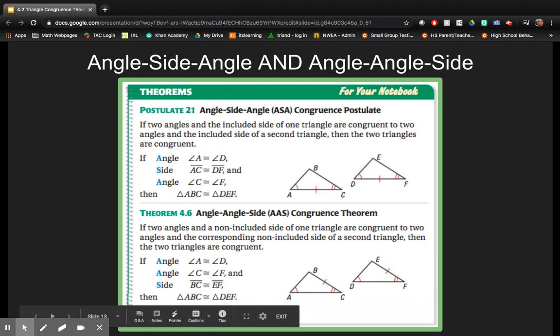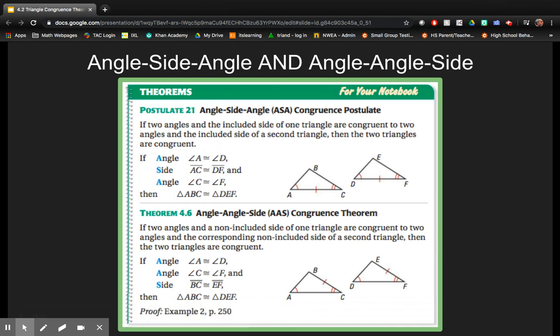Angle side angle and angle angle side. Take a moment and write down these postulates in your notebook. It becomes difficult to tell the difference between these two because in both pictures, you're given two angles and a side.